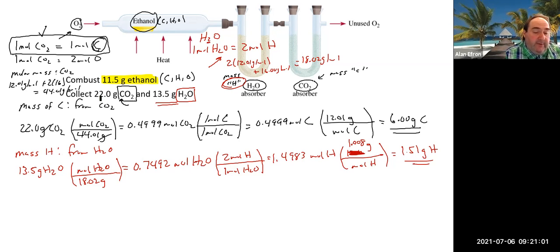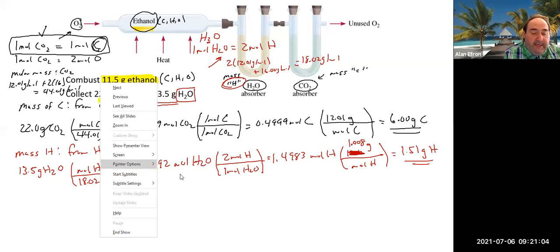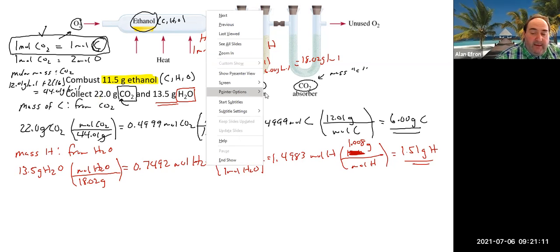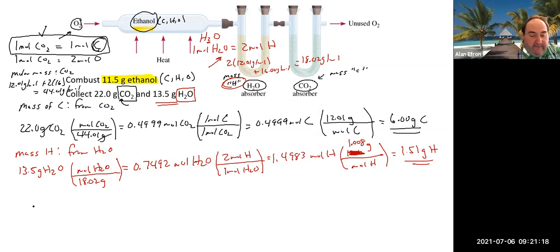That's the last thing we're going to do to get the numbers we need. We're going to use the grams of hydrogen we collected, the grams of carbon we collected, and the original mass. So we know the 11.5 grams of ethanol, which is our carbon, hydrogen, and oxygen. We subtract out our 6 grams of carbon minus our 1.51 grams of hydrogen.